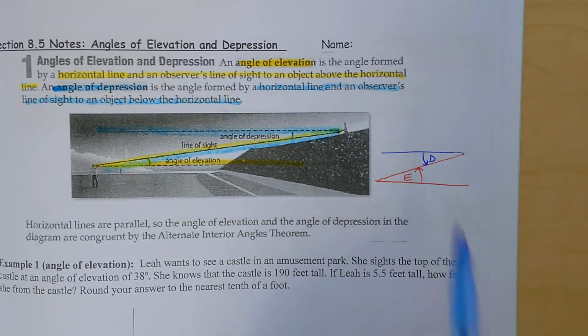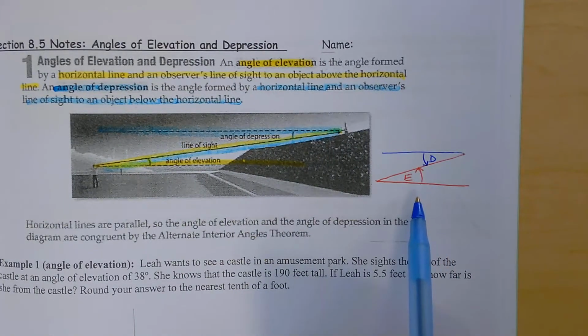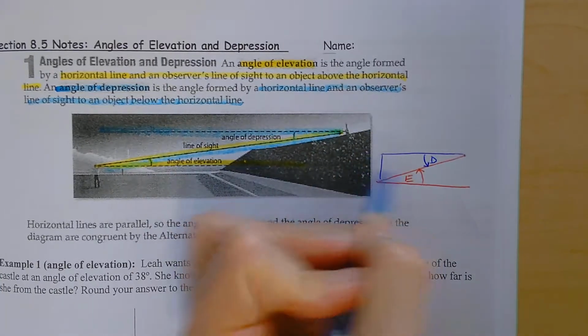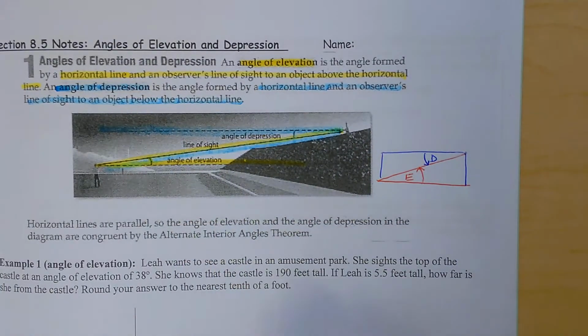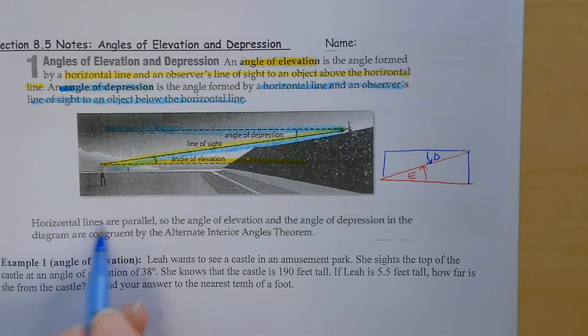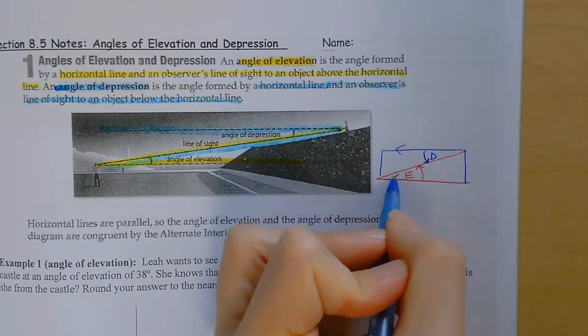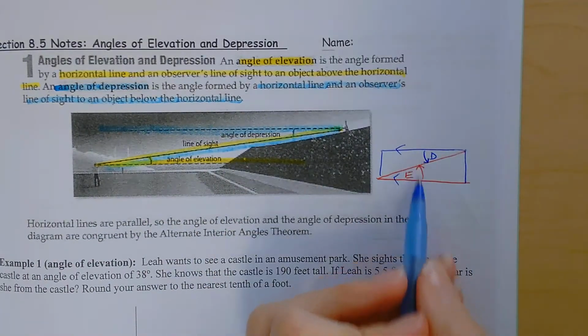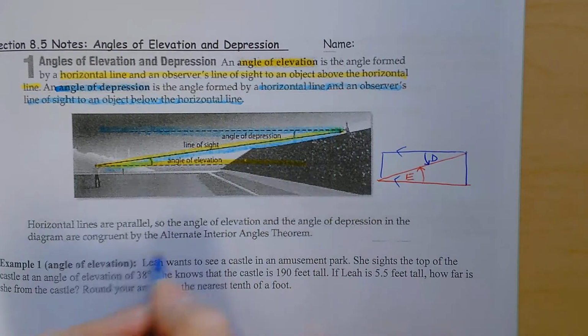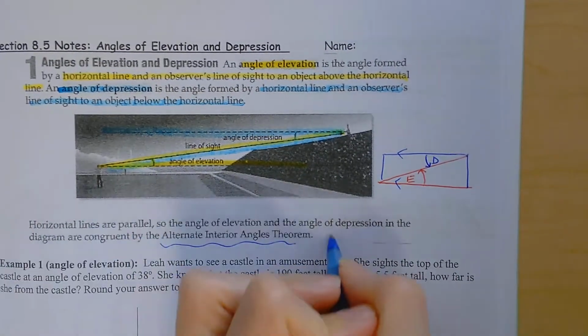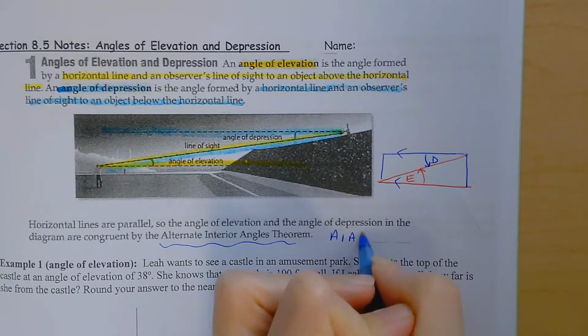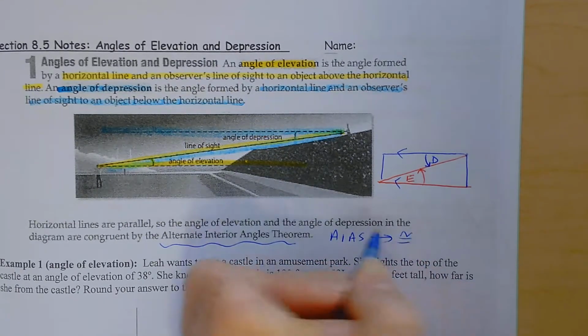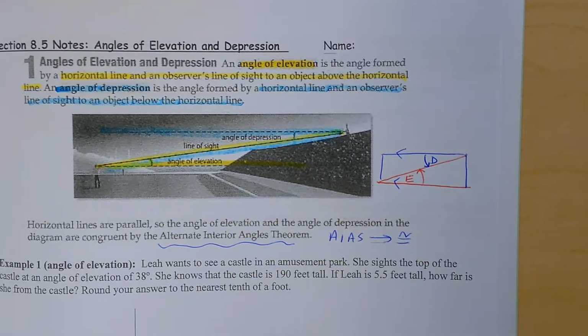All right, now the thing that you want to know about depression and elevation is they create this rectangular figure together, and so they're pretty much connected. It says horizontal lines are parallel, so these lines would be parallel. So the angle of elevation and depression, you might recognize that as alternate interior angles. They are AIAs, and because they are AIAs, they're going to be congruent to each other because of the AIA theorem from chapter 3.